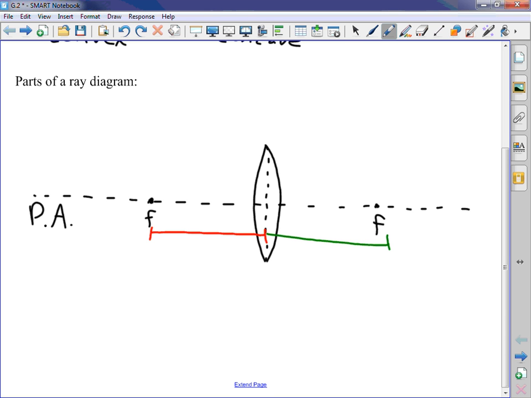Sometimes you'll hear them called F and F prime, like focal point 1, focal point 2. Sometimes you'll hear F1, F2. It doesn't really matter. You have the focal point on the object side, which is normally the object side.